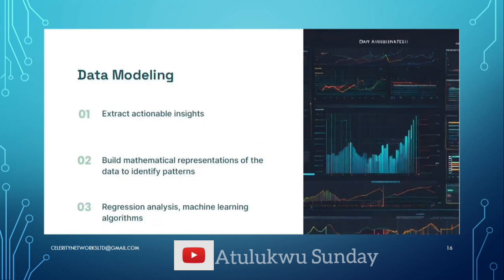Then after you are done with that, you now model your data set. Now, what we mean by modeling, let me try to visualize what modeling is for us here. For example, you have box A here, or let's say box 1. Then you have box 2 here.